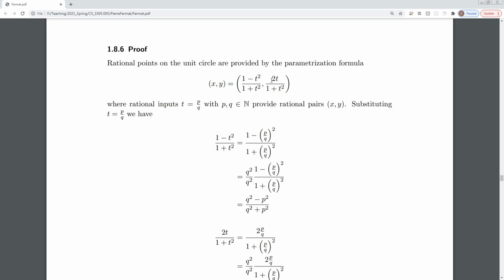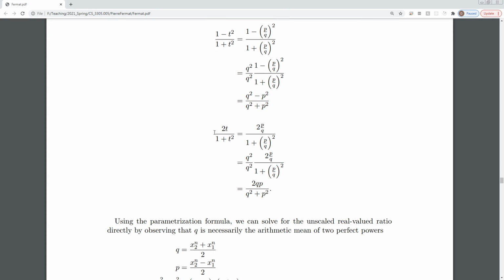So rational input gives you rational output, and we get that by substituting t equals p over q, where p and q are both natural numbers. So then we make that substitution, and we see that the real component x ends up with this formulation, and the imaginary component y ends up with this formulation.